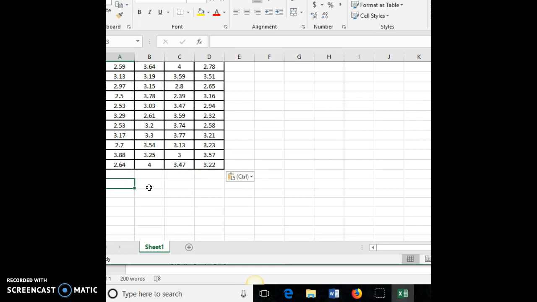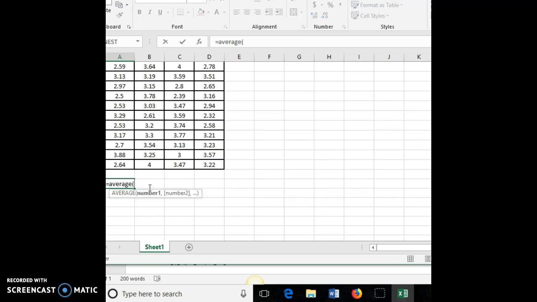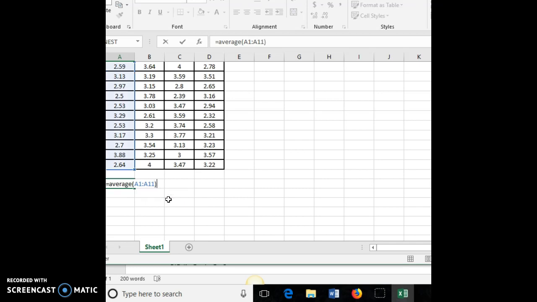Now, in Excel, we're going to hit equal average, and since I'm finding the mean for all 11 pieces of data in column A, I'm going to tell it go from A1, which is our first cell, to A11, our last cell, and there's the mean.